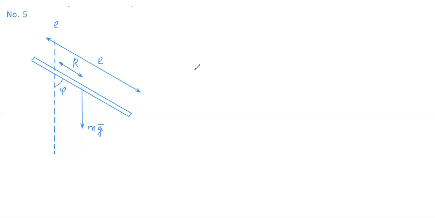So according to this, we can write that omega 0 is equal to square root of m g r divided by I. Okay, and what about the period of small oscillations?